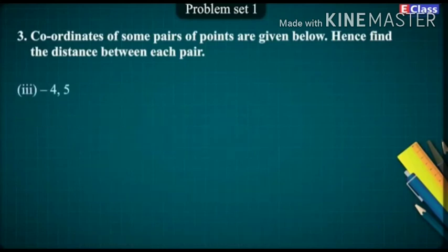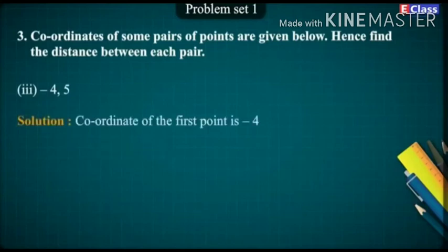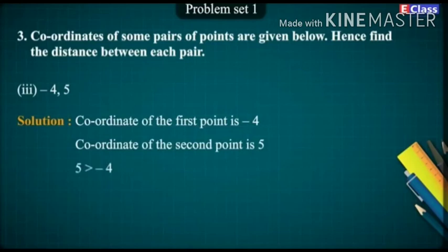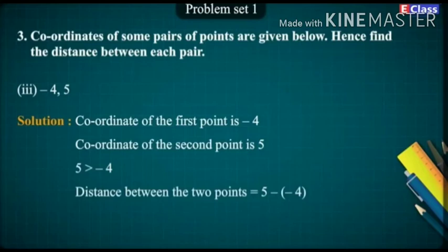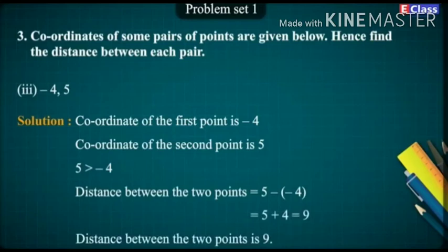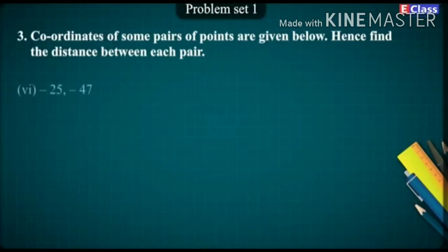3. -4, 5. Solution. Coordinate of the first point is -4. Coordinate of the second point is 5. 5 is greater than -4. Distance between the 2 points is 5 - (-4) = 5 + 4 = 9. Distance between the 2 points is 9. 6. -25, -47.